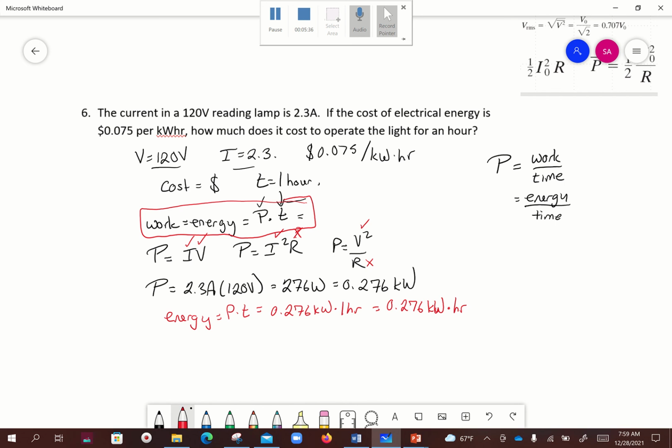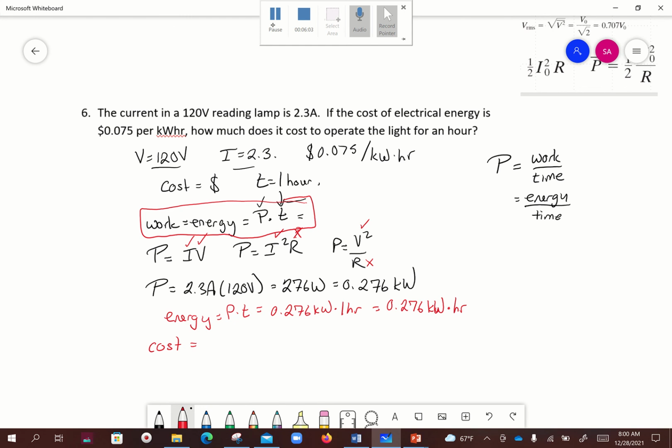All right, so now I know how many kilowatt hours I use. So if I want to find the cost, I'm just going to multiply the number of kilowatt hours that I used times how much it costs, right? It's like if you go to the store and you buy a t-shirt, a t-shirt costs $5 each, and you buy 10 t-shirts, what you do is you multiply the cost per t-shirt times the number of t-shirts.